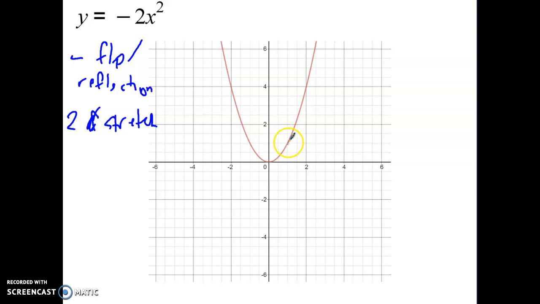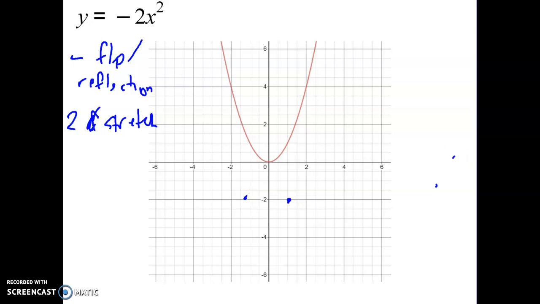So this point right here, 1 squared is 1, right? That's what it would be on the parent graph. But I'm going to take that 1 and I'm going to flip it down and make it -1, and also multiply it by 2 because I'm going to stretch it, and I'm going to end up at -2. So that point that was 1, 1 is now going to be 1, -2. And the same thing is going to happen on the other side of the graph. That point is going to be at -2 as well.